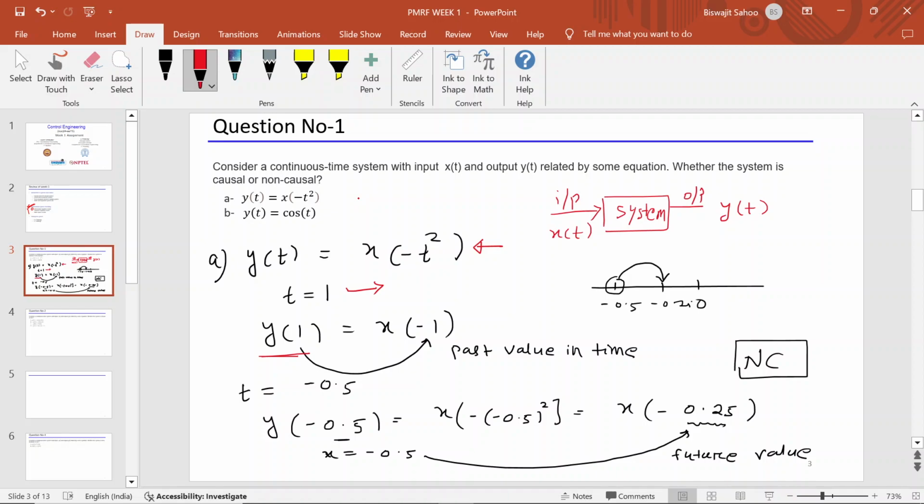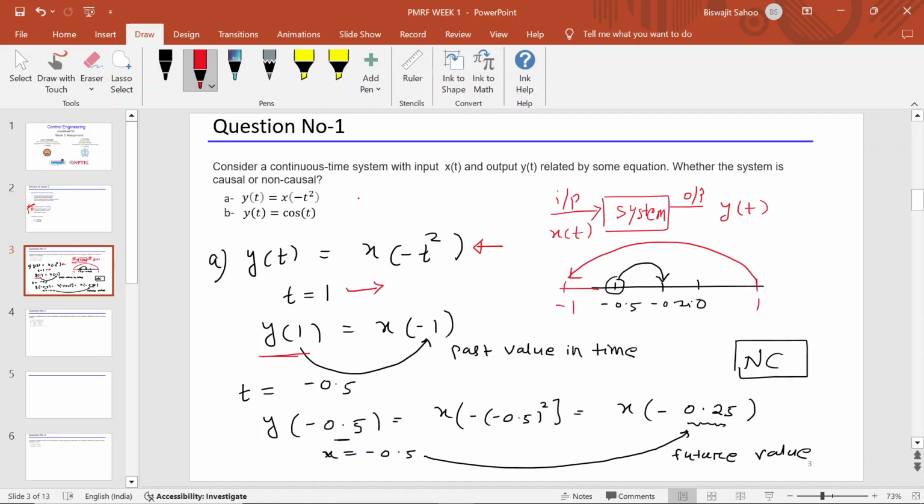Let's assume that t equal to 1 is your present. At one point you are standing now. If you look at the response, that output depends on a value which is a past input. It means you are at position 1, but it depends on a value at minus 1. So it depends on the past.